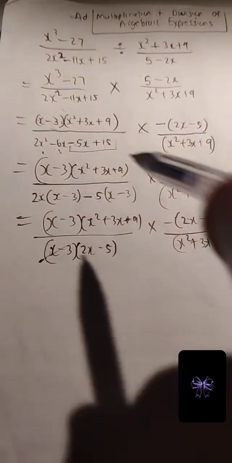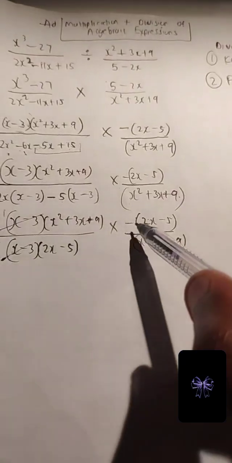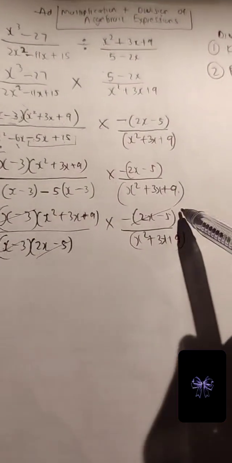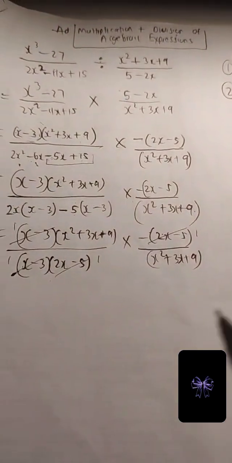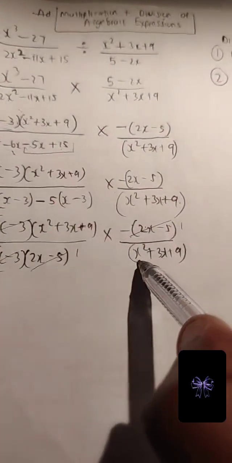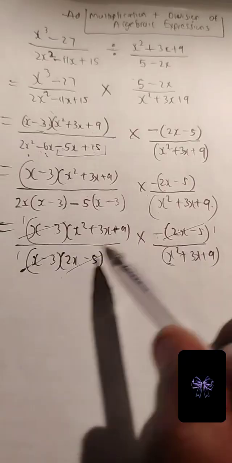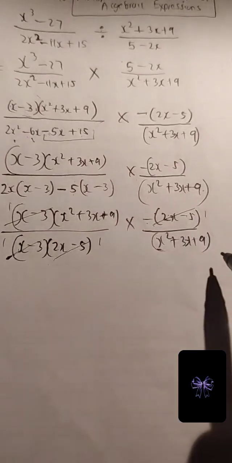We can also cancel out the 2x minus 5. The only thing that's left behind is the negative sign. Do we leave the negative sign even when cancelling out? Yes, we do, because we are just cancelling out the 2x minus 5. It's common.